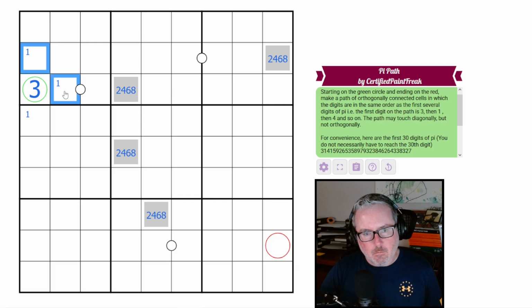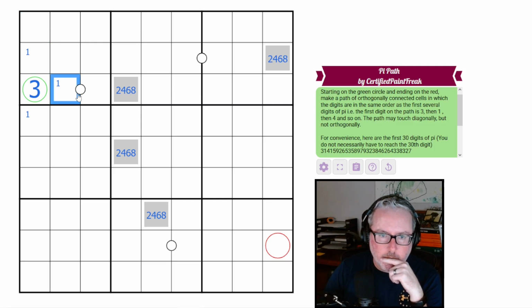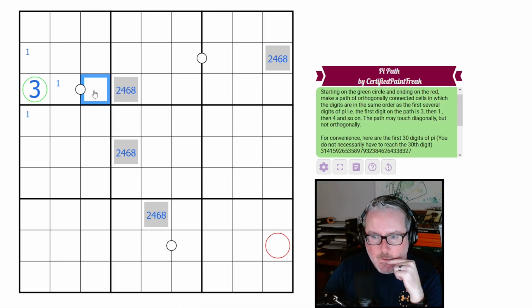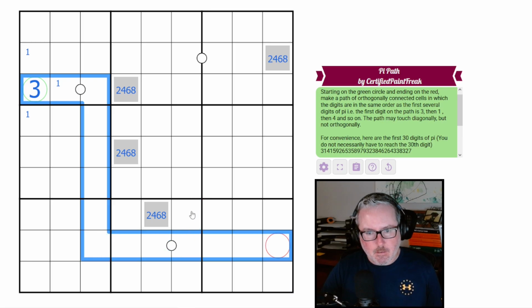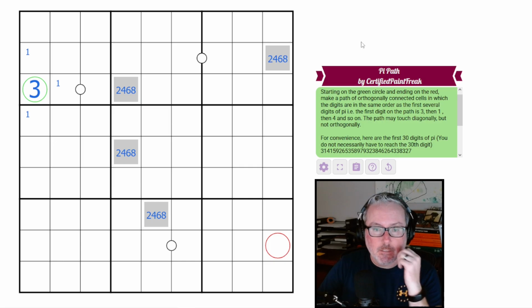Either 4 or 8 would be up here. And if this was a 1, this would be a 2. I don't know that that causes any problems. Now, we don't know what the final digit is yet. We have to find our way to it. And how many trips we make will determine what that final digit is.